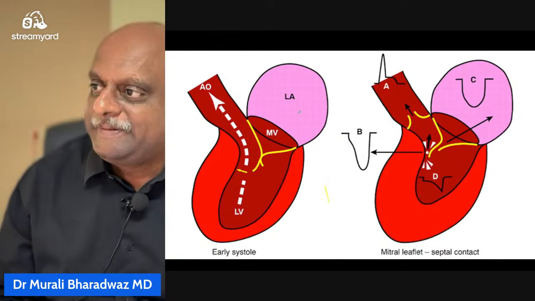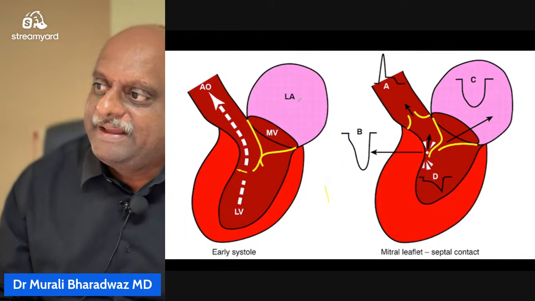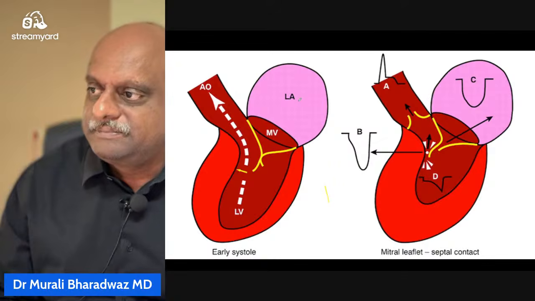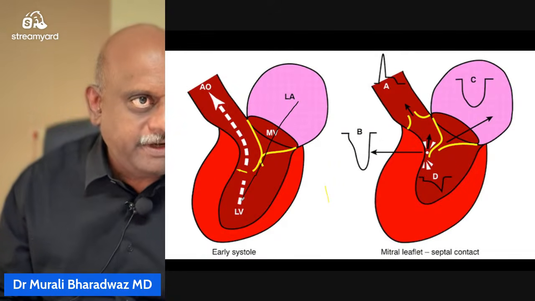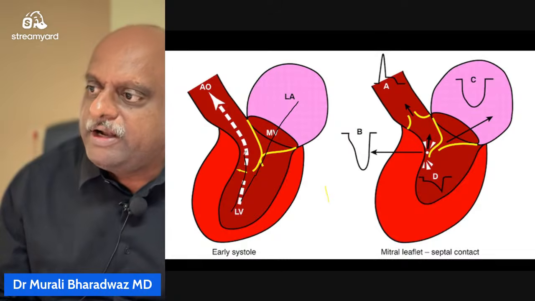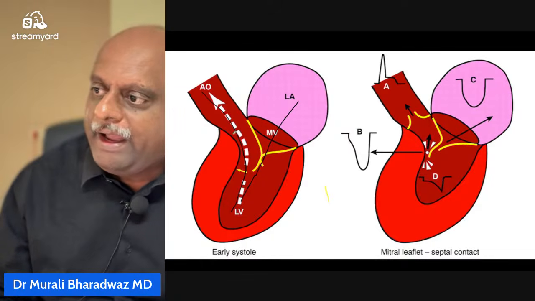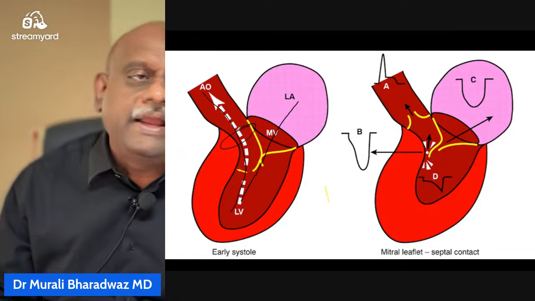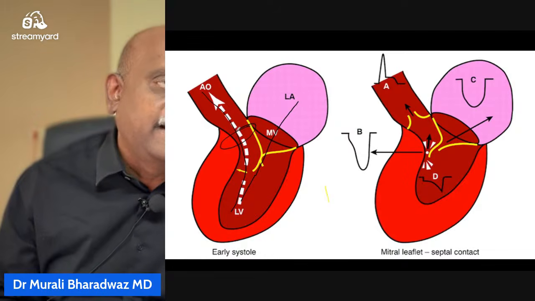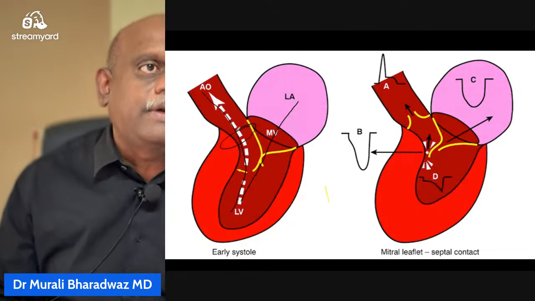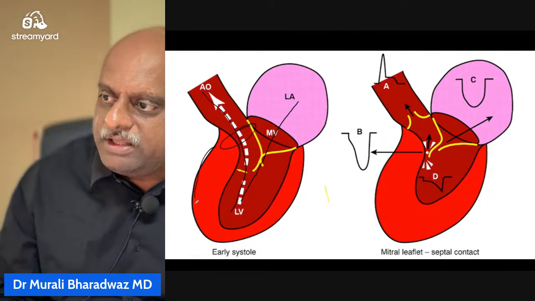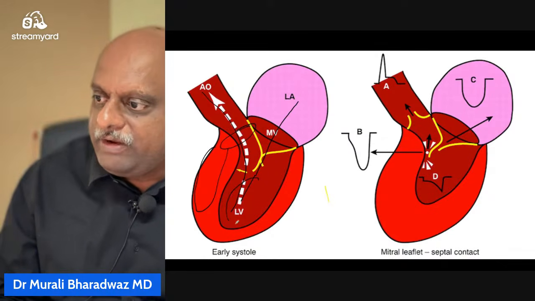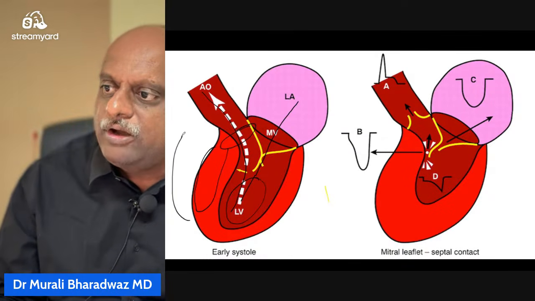From the left atrium, the blood through the mitral valve will go into the left ventricle. From the left ventricle, it will go into the aorta. And this is called the LVOT, the left ventricular outflow tract is the name given. And what is this between the left ventricle and here you have the right ventricle?